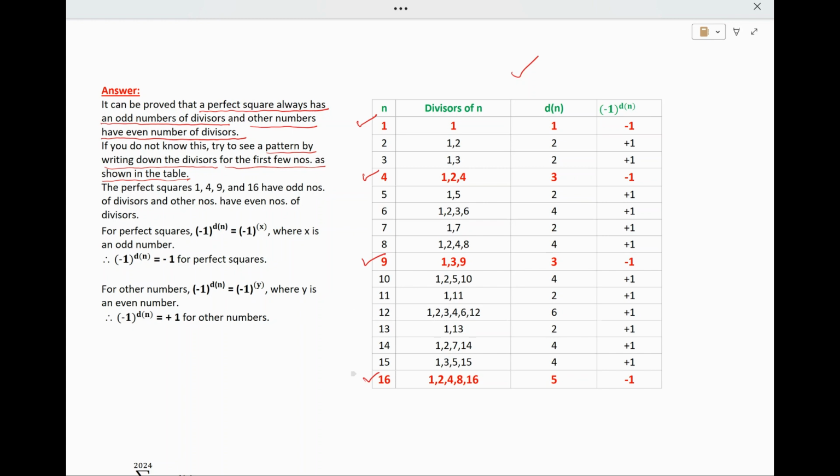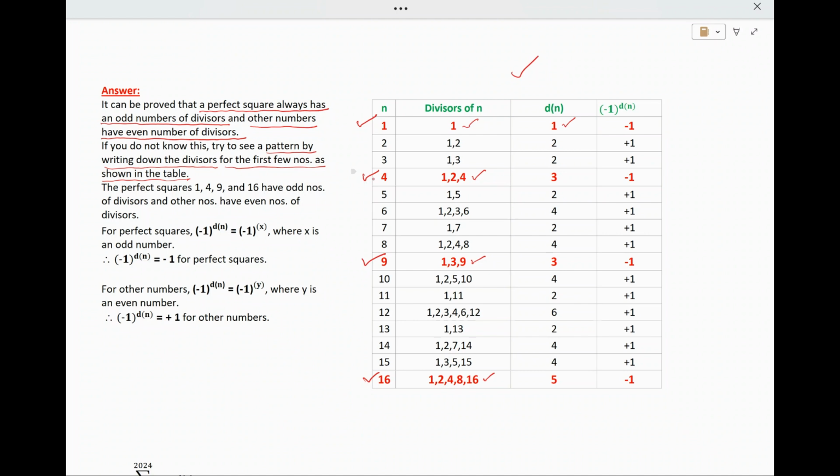And their divisors are, in the case of 1, only 1. In the case of 4, it is 1, 2 and 4. In the case of 9, it is 1, 3 and 9. And in the case of 16, it is 1, 2, 4, 8 and 16. So in the case of 1, there is only one divisor, so dn is equal to 1.